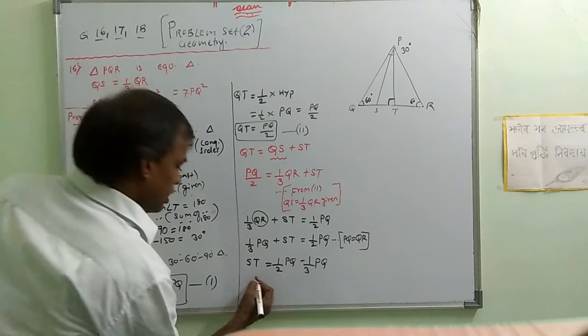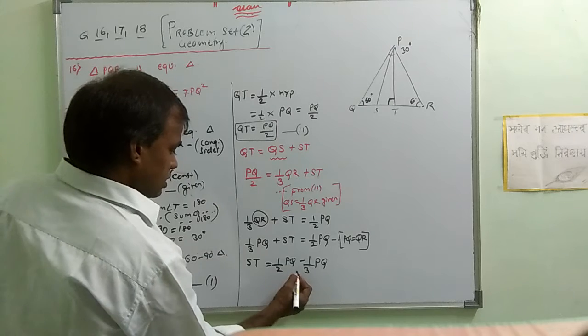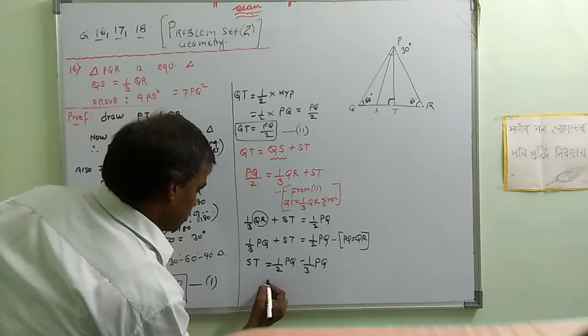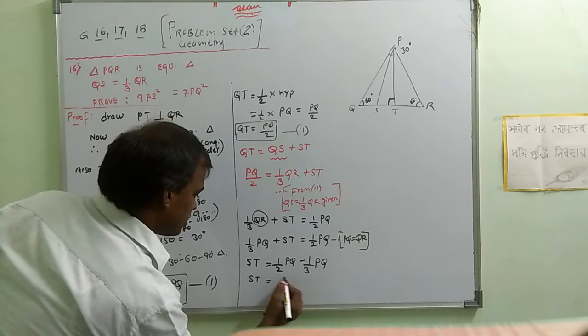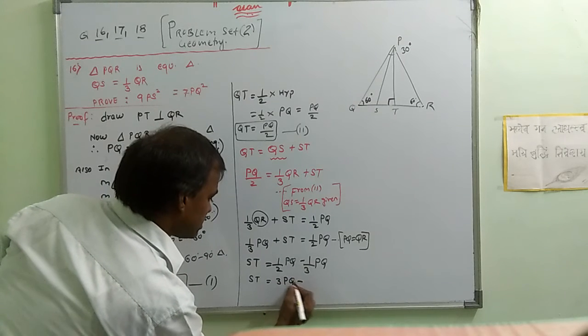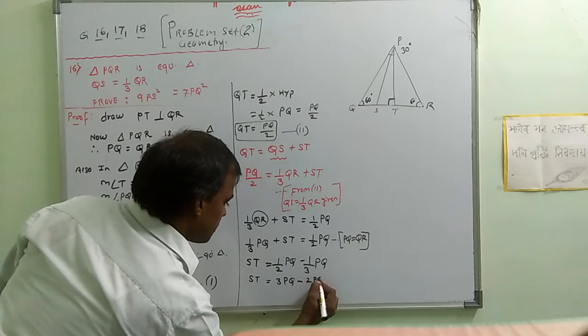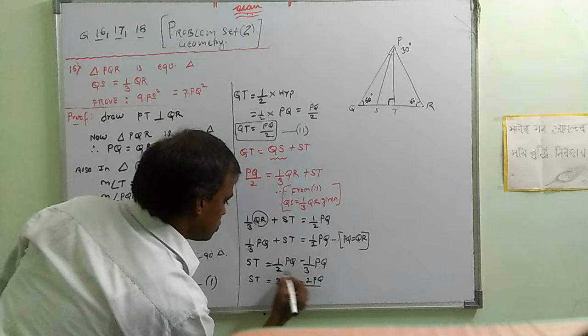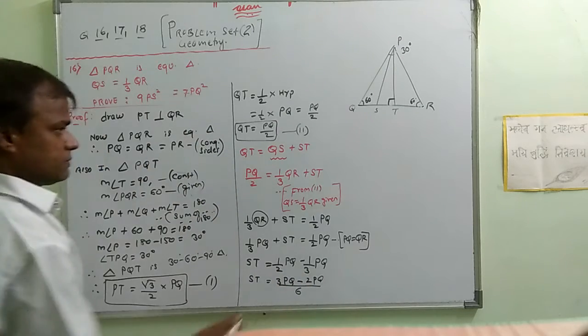Okay. So let's subtract. Take the LCM: 3 into 1, 3 PQ, minus 2 into 1, 2 PQ, upon 2 times 3 is 6.